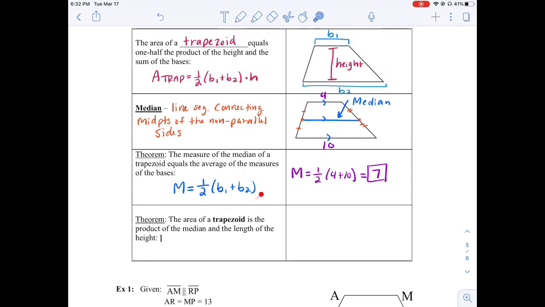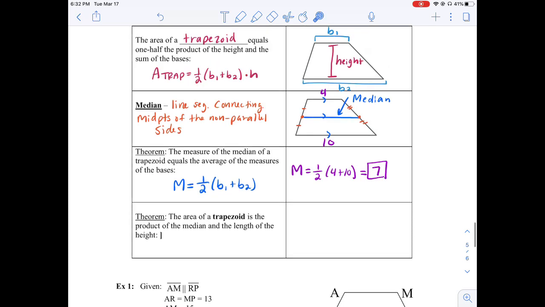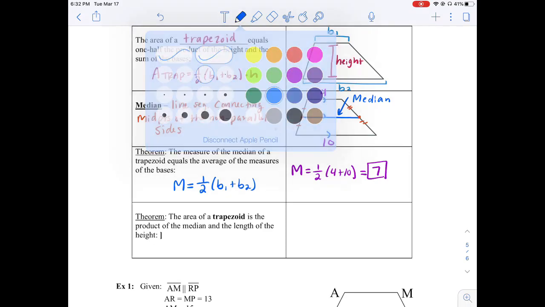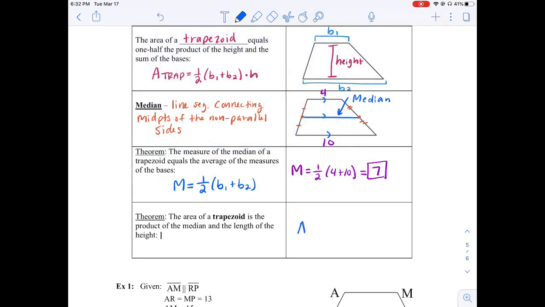So we've seen this before. 1/2 (base 1 plus base 2) should be ringing a bell, that in our trapezoid formula, we have also included that same expression. So as we wrap this up for our new content, we can adjust this formula and replace 1/2 (base 1 plus base 2) with the length of the median.